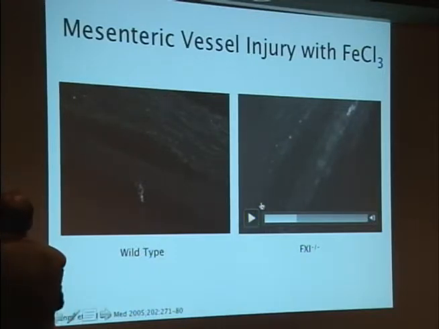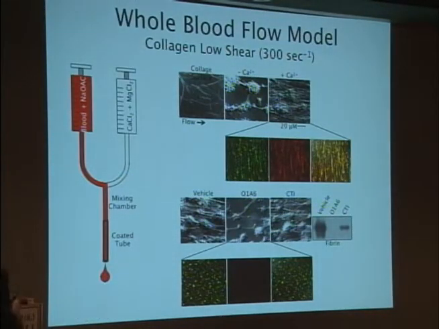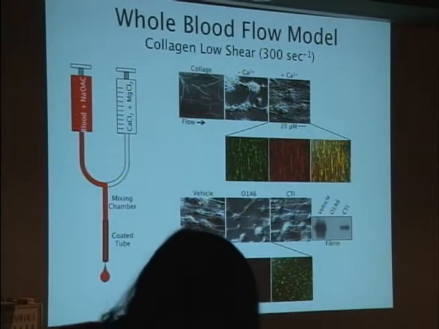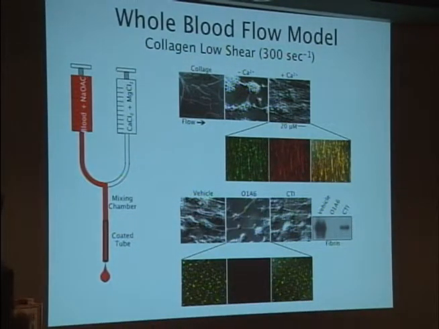Now, we tried to take a look at this in a human ex vivo system. Our impression was we're getting platelet binding to surfaces, but we're not getting three-dimensional growth of clots. In fact, we were able to duplicate that in a human system where we're passing blood through a capillary tube that's just coated with collagen. So this isn't a blood vessel, it's a pseudo blood vessel.